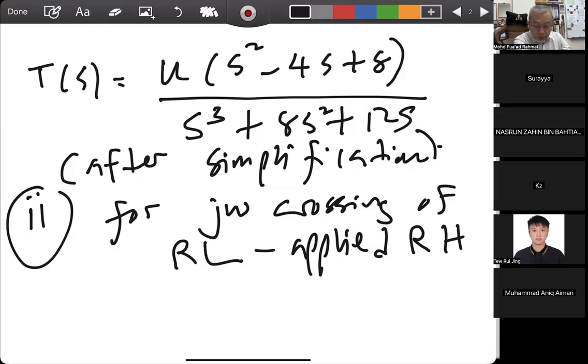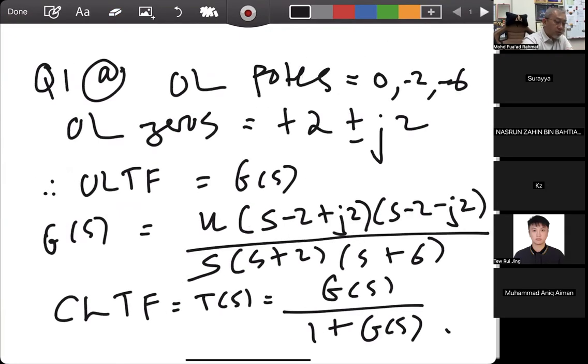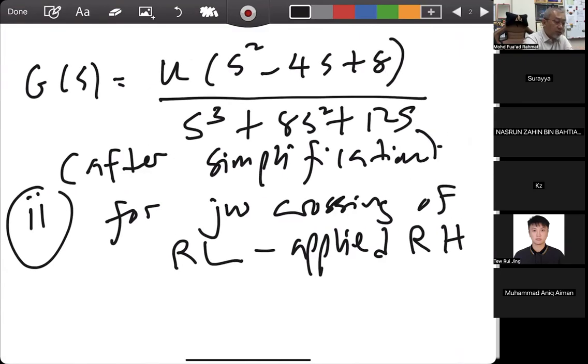Oh, I'm sorry. This one is G(s). Okay, I'm sorry. This one is G(s). This one is correct. So we have to find the T(s). Right?